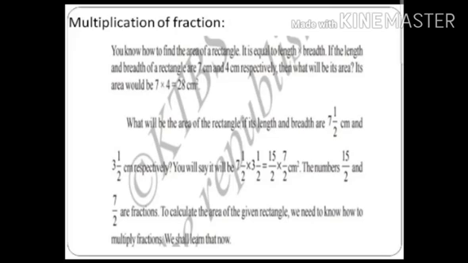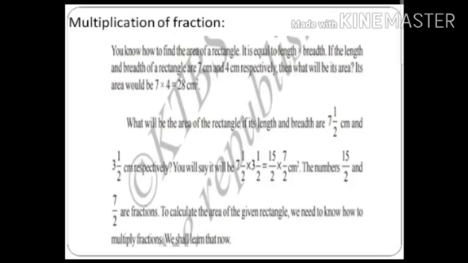So the first fraction will be 15 by 2. The second fraction will be 3 2s are 6, 6 plus 1, 7, 7 by 2. See, I have taught this in session 1. Now take both the improper fractions, 15 by 2 into 7 by 2.